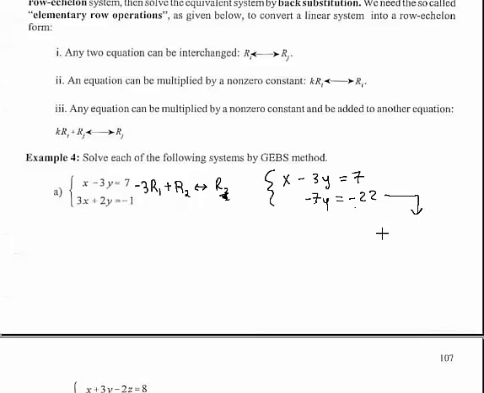I take this equation, negative 7y equals negative 22. So to solve for y, divide both sides by negative 7, and I get one of my variables. And I only have two. So we have 22 over 7.